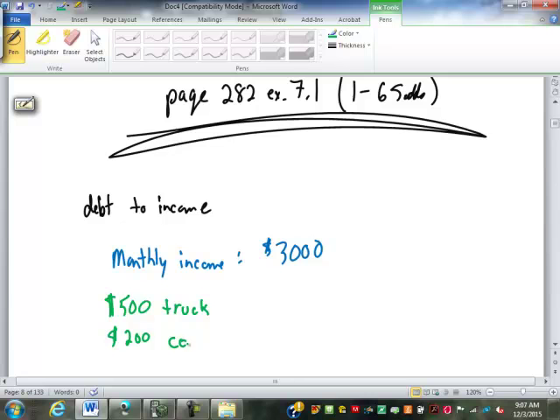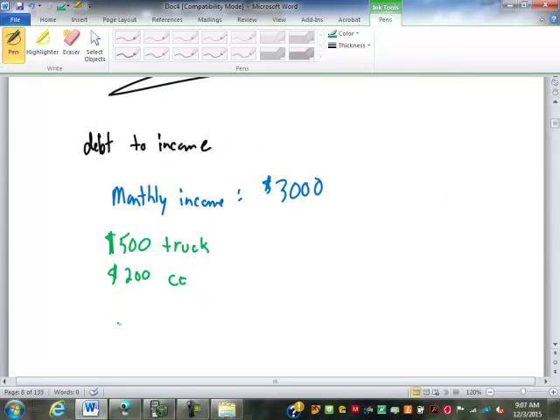You want to buy a house. So you look at a house, let's say you're looking at roughly a $150,000 home. The loan on that is going to be roughly $850 to $900 a month.